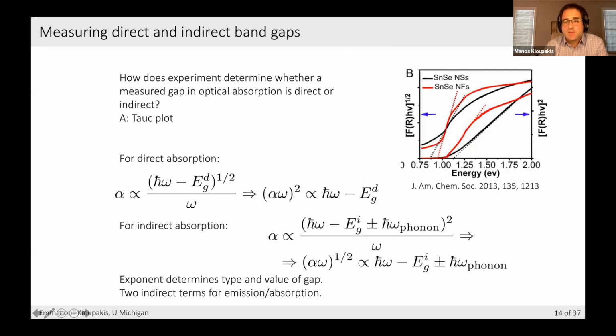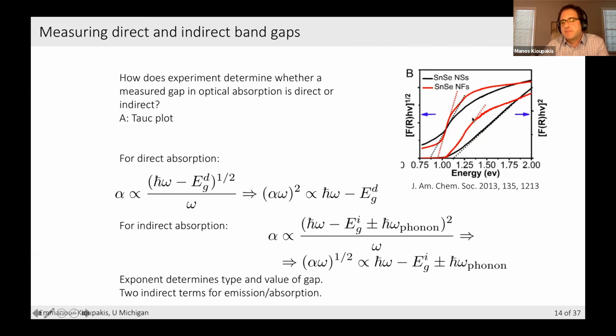Now for phonon-assisted absorption, the same equation tells us that the absorption coefficient should be proportional to the photon energy minus the indirect gap, but not to the 1/2 power, but to the square power. So if we do the opposite here now, multiply by omega and raise to the 1/2 power, we should find a straight line. So that's what you see here.